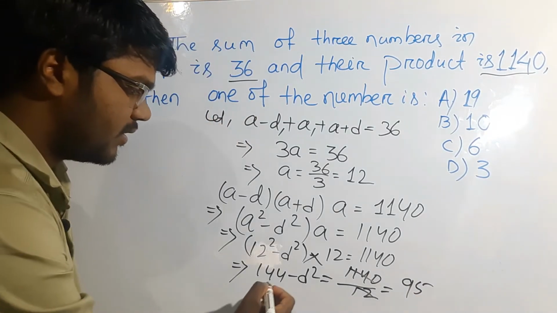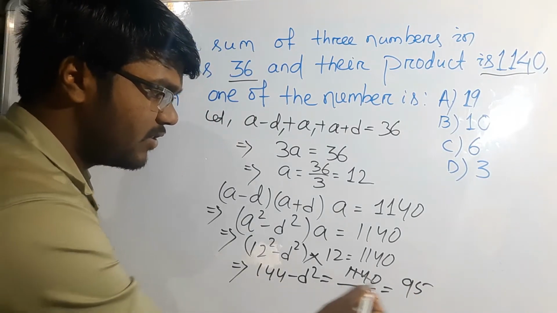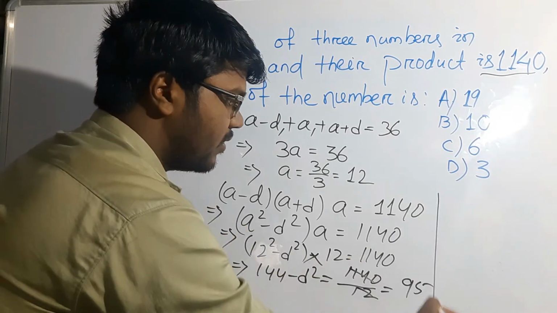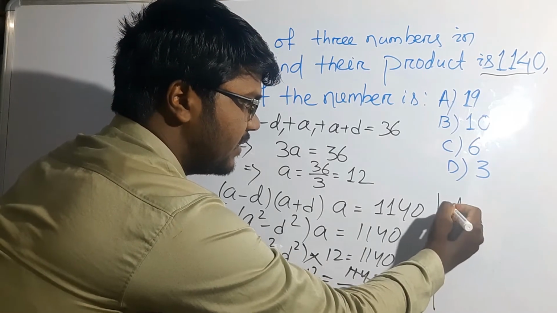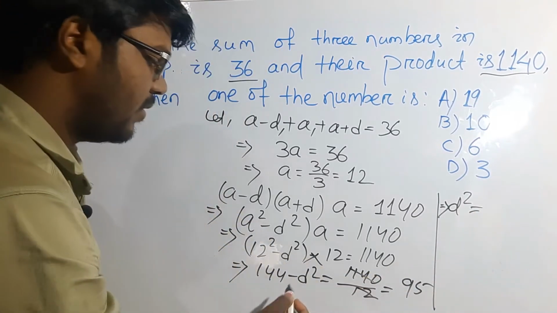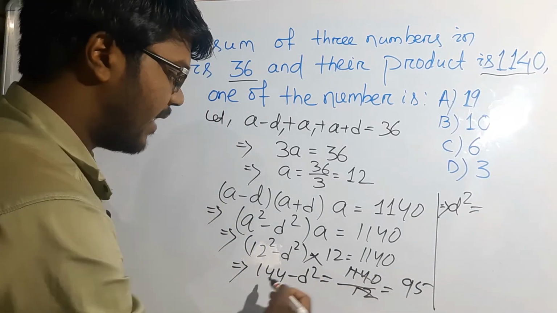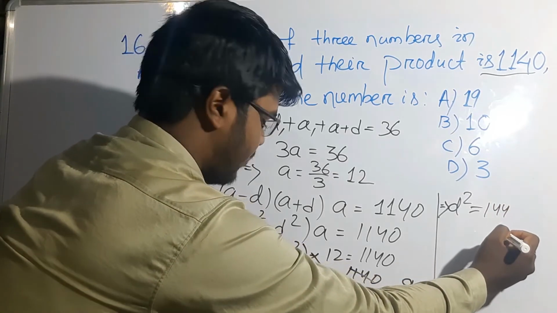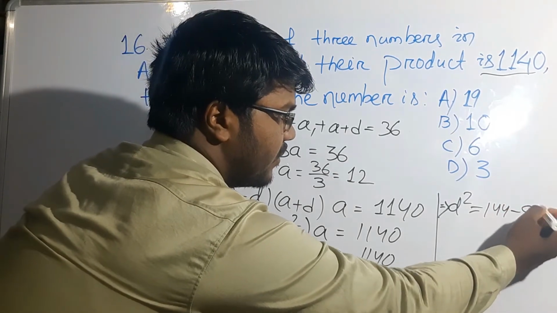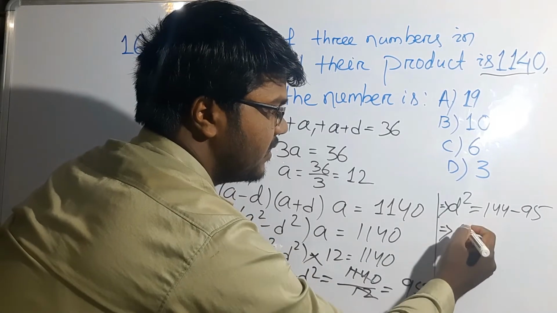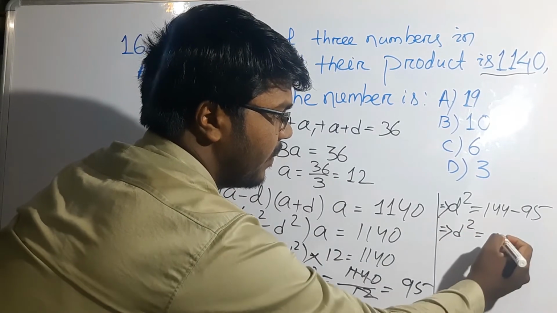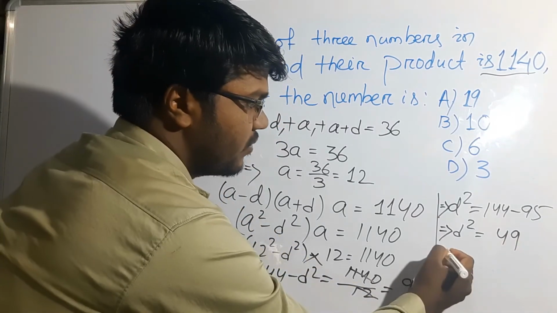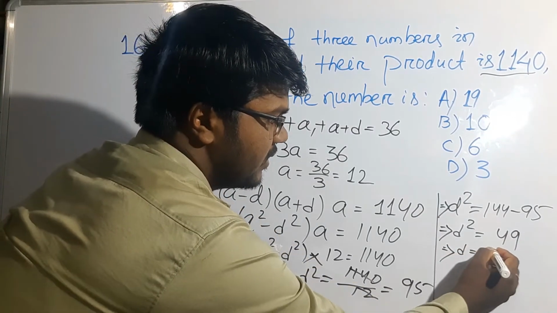And after this, 144 minus D square is equal to 95. Then D square is negative here. When it comes to this side, D square is equal to 144 minus 95. When we subtract it, D square will become 49. So D is 7.